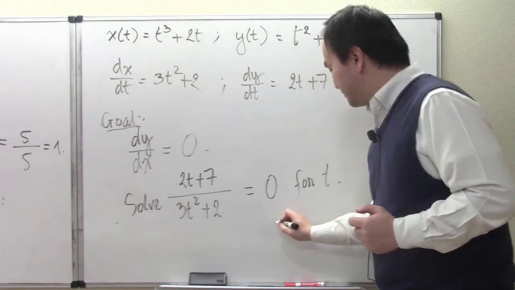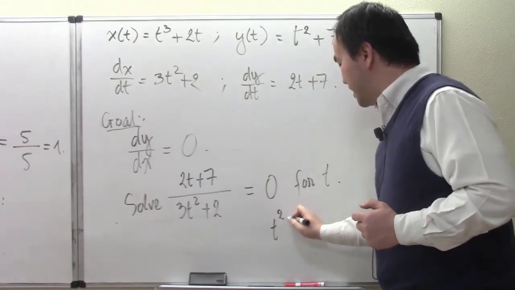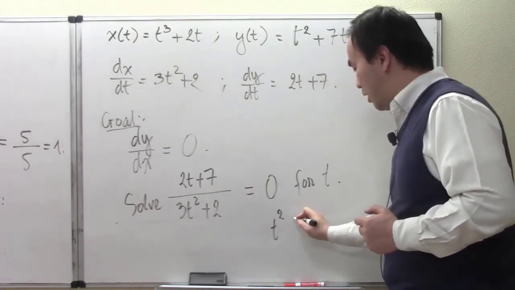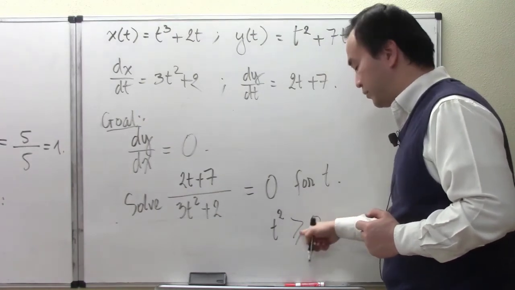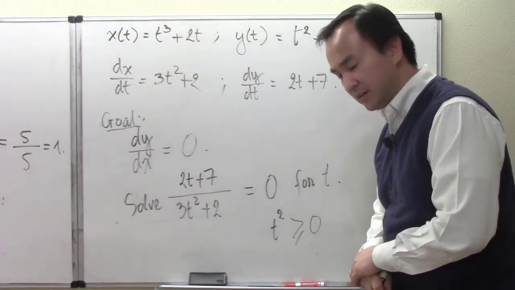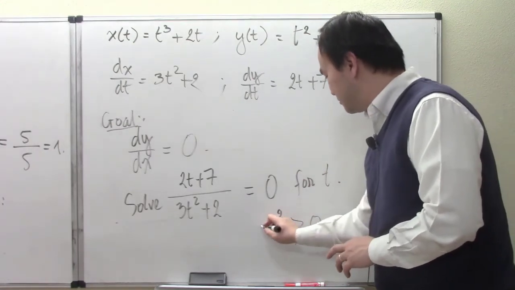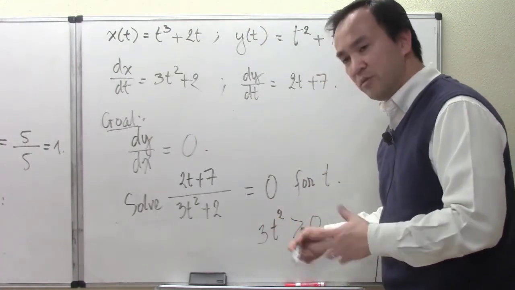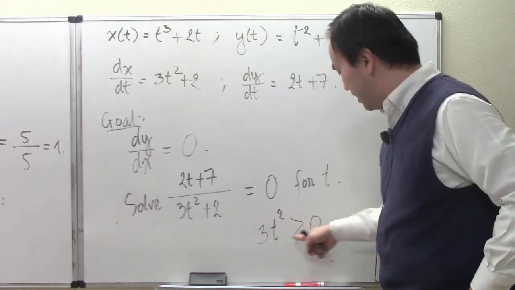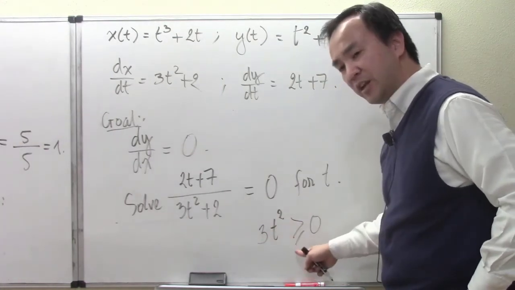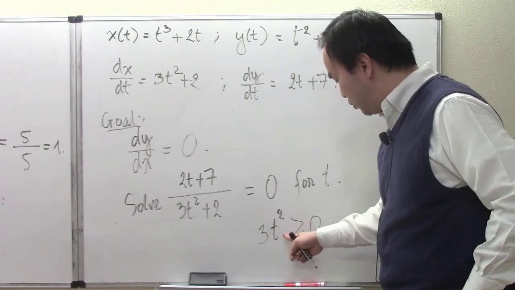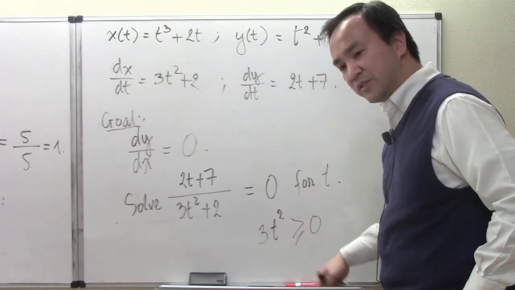Think about this: t squared itself is always greater than or equal to 0, non-negative. And similarly 3t squared will be the same, since multiplying a positive number to both sides of an inequality won't change it. So 3t squared will consequently be greater than or equal to 0 as well.